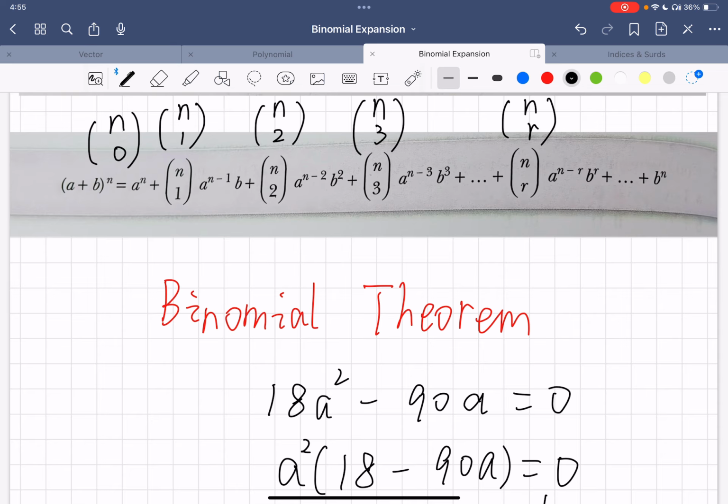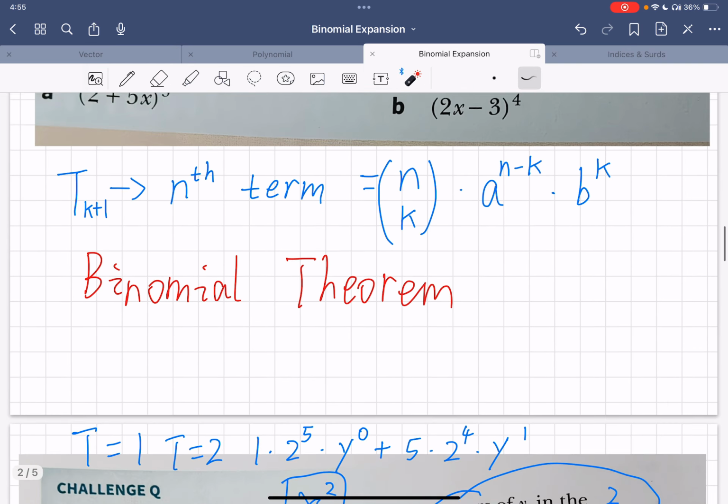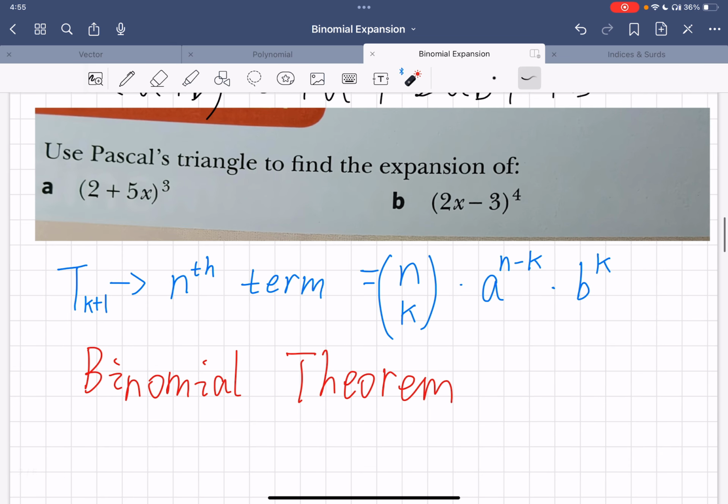So you can easily observe that this one is equal to the power of b, just what I said here. So the r or the k, whatever you like, should always be equal to the power of b.